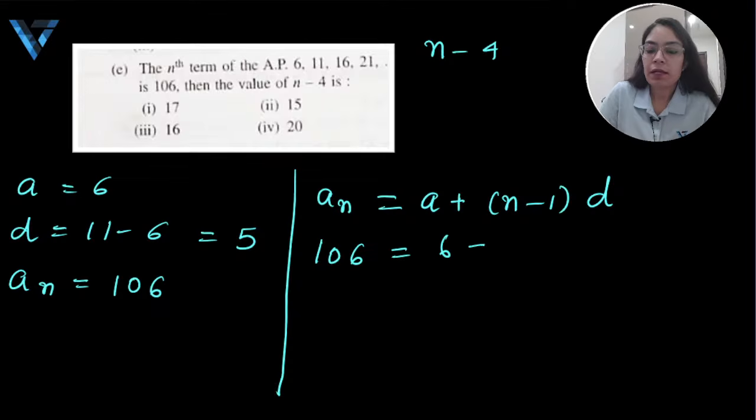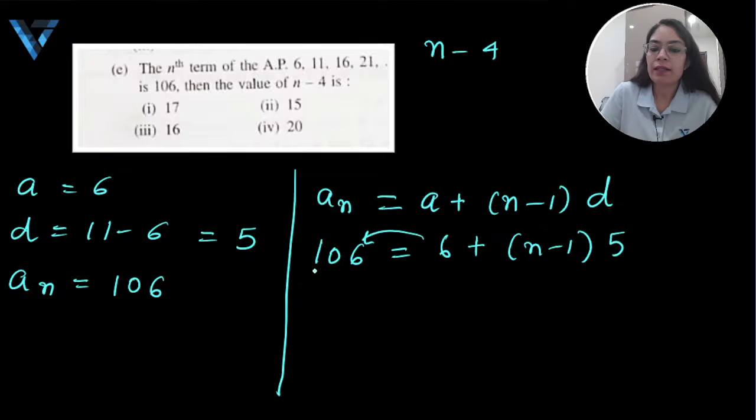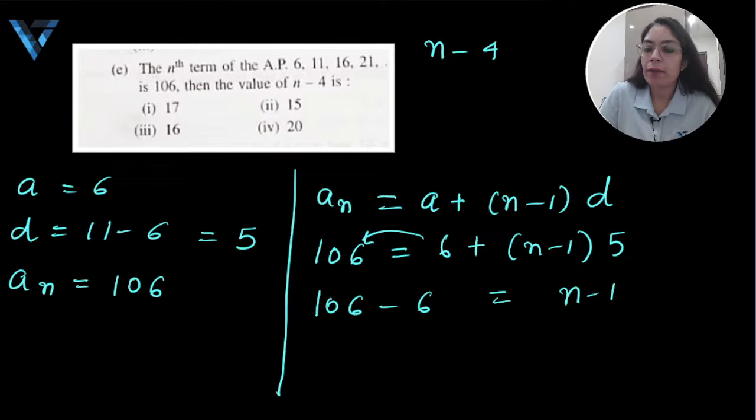A's value 6 plus n minus 1 into D. D is 5 here. So we can shift this to this side. So 106 minus 6, since 6 when we shift it is minus 6, equals n minus 1 into 5. So this will be 100.